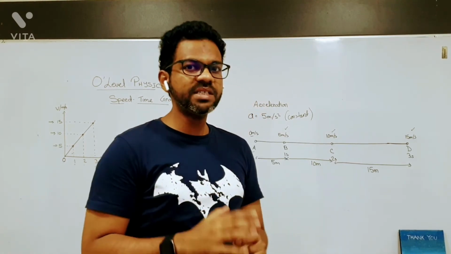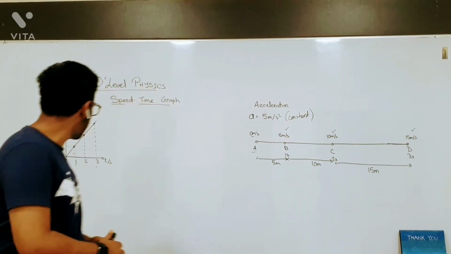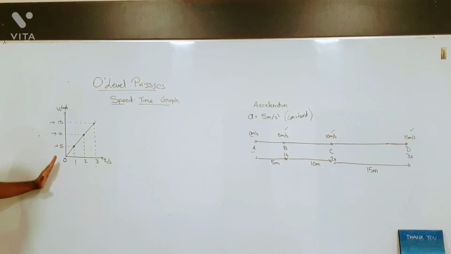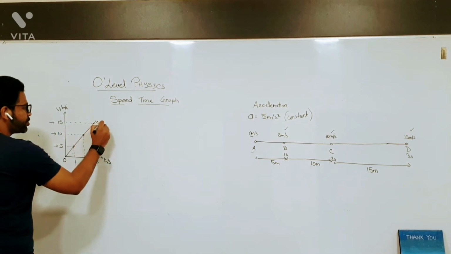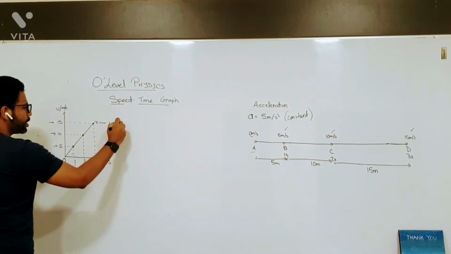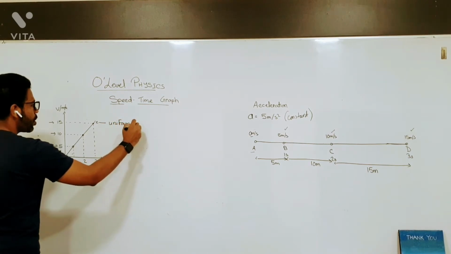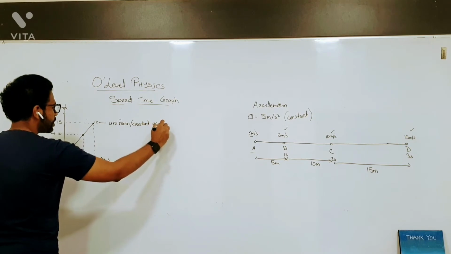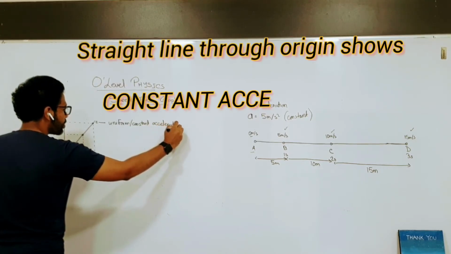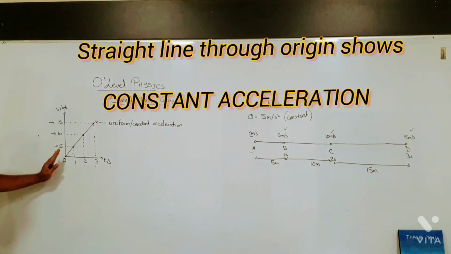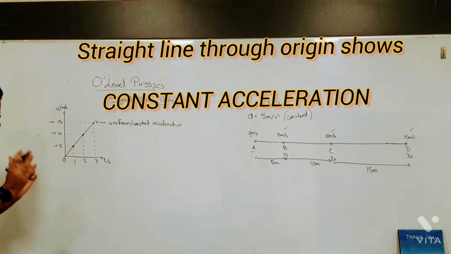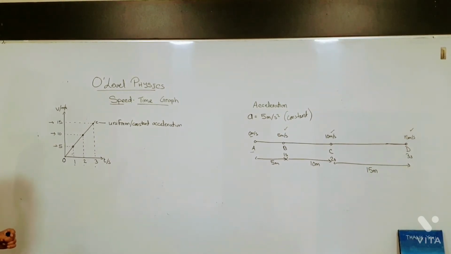If you see a speed-time or velocity-time graph where the line is a straight line through the origin, it shows the object has a uniform or constant acceleration, which means the velocity of the object is increasing by the same amount in every 1 second. But does that mean the object is also covering the same distance in every 1 second?